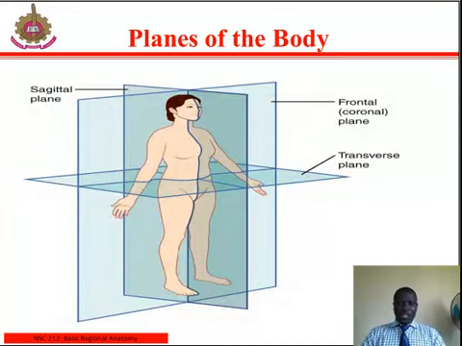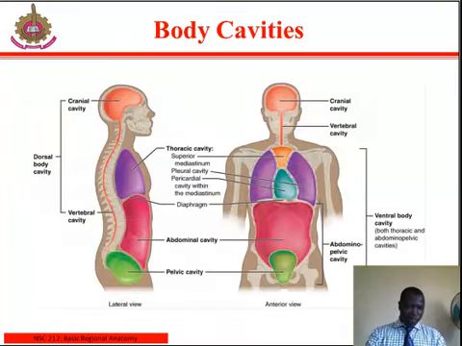If it divides the body into unequal right and left sides, it is called a parasagittal plane, or less commonly a longitudinal section. Lastly, the frontal plane. Frontal plane is the plane that divides the body or an organ into an anterior portion and posterior portion. The frontal plane is often referred to as a coronal plane.